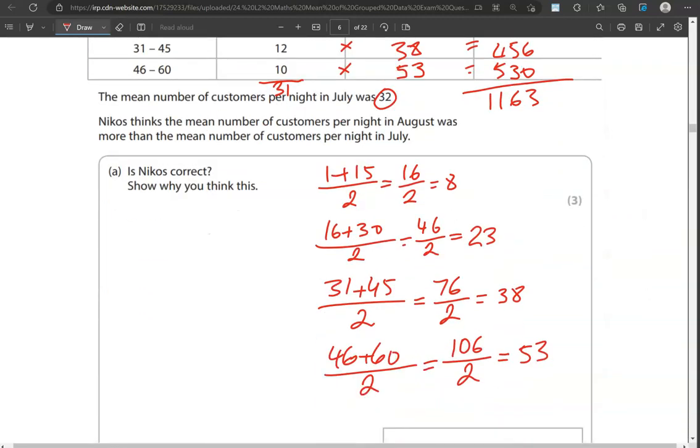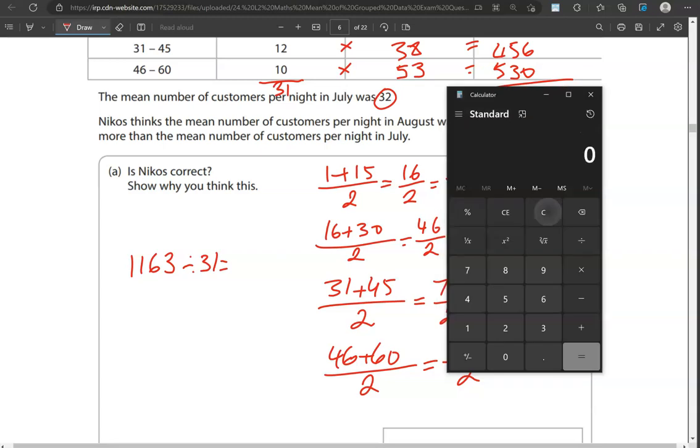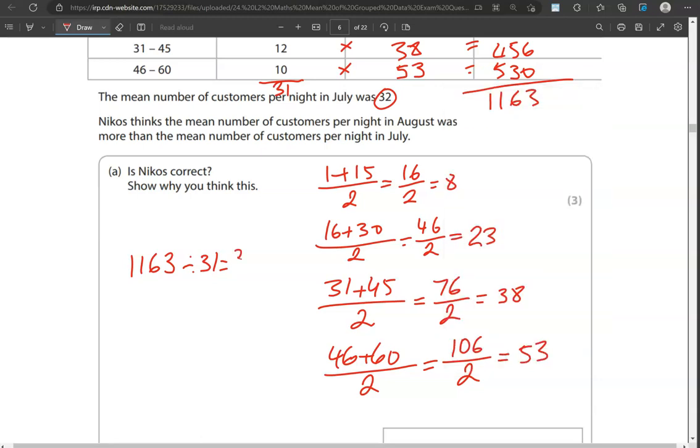So we'll do 1163 divided by 31, which is 37.52, rounded to 2 decimal places. So it's people that we're talking about, it's customers, so we're going to say 37.